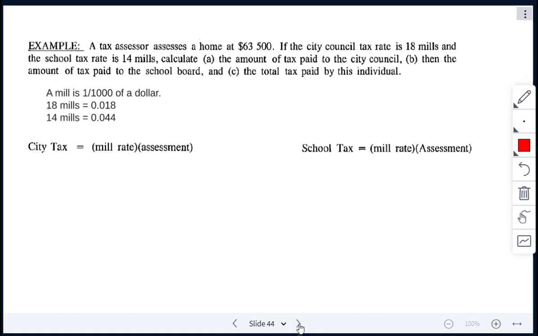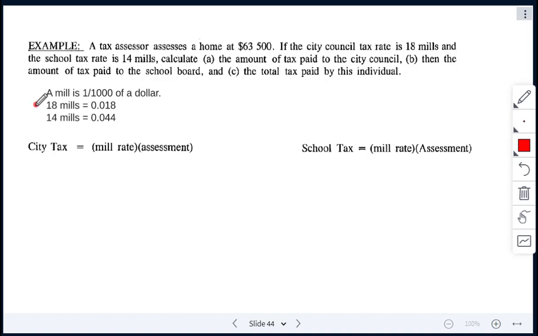So we'll take a look at an example here. A tax assessor assesses a home at $63,500. If the city council tax rate is 18 mils and the school tax rate is 14 mils, we need to calculate A, the amount of tax paid to the city council, B, the amount of taxes paid to the school board, and C, the total tax paid by this individual. One thing to keep in mind here is a mil is 1/1000th of a dollar, not 1/100.